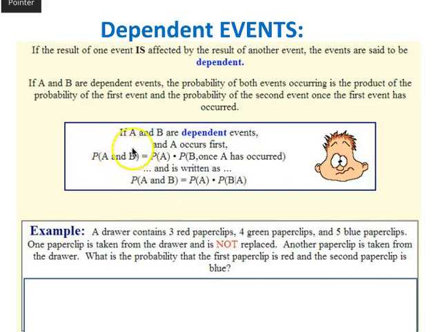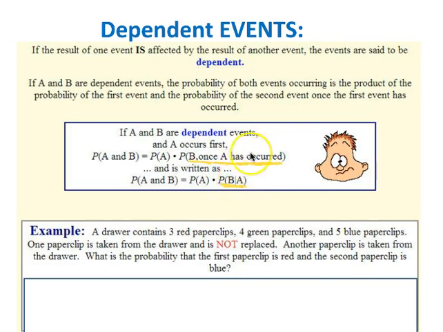We're still dealing with events A and B. To find the probability of both events occurring, if they're dependent, first we find the probability of event A, written like this: capital P, parentheses A. Now we want to multiply that times the probability of event B once A has occurred, because A has affected B. We write it like this: capital P, and then parentheses B with this line A. And what that means is event B once A has occurred.